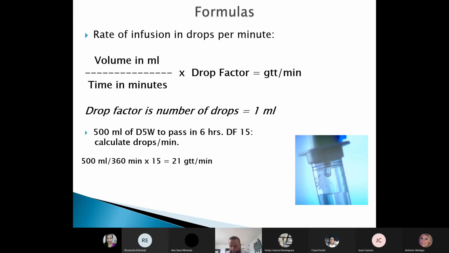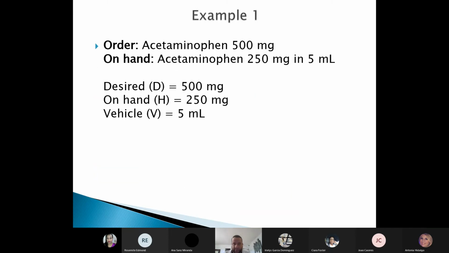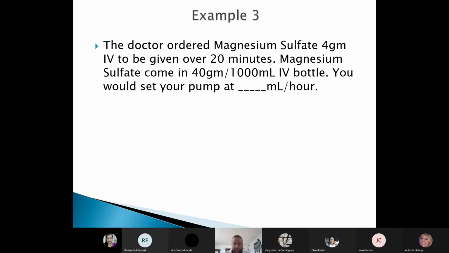Remember that for the drop factor, the drams, we have 20, 40, and 60. This is something that you have to keep in mind. There are 3 different kinds.